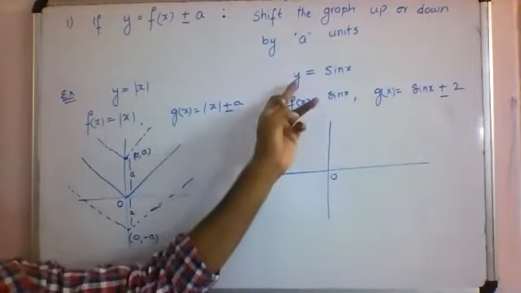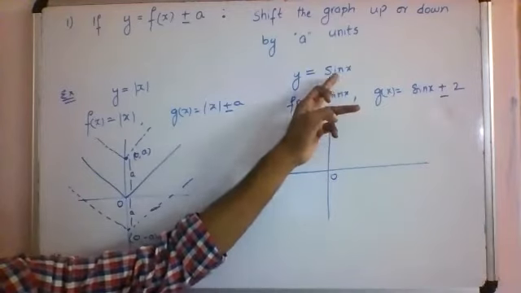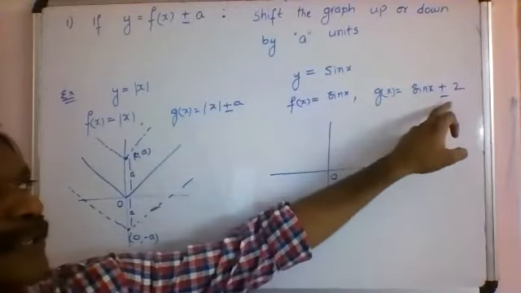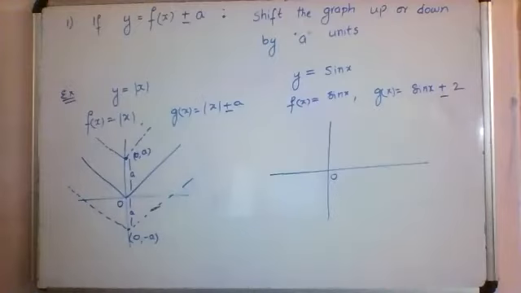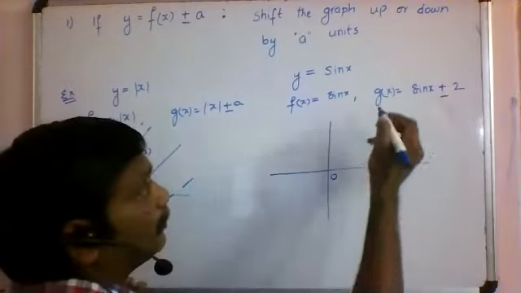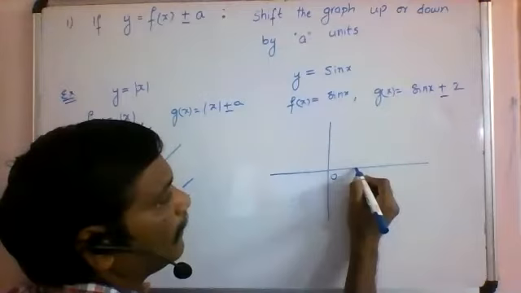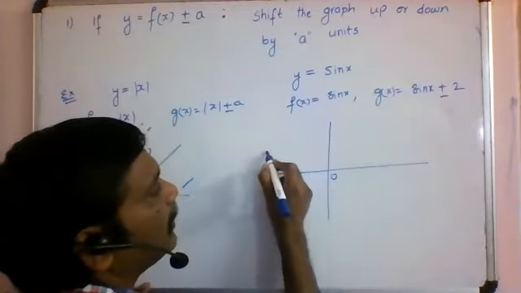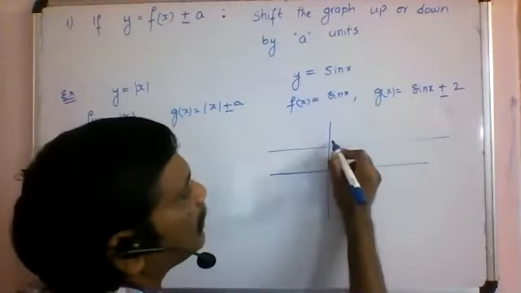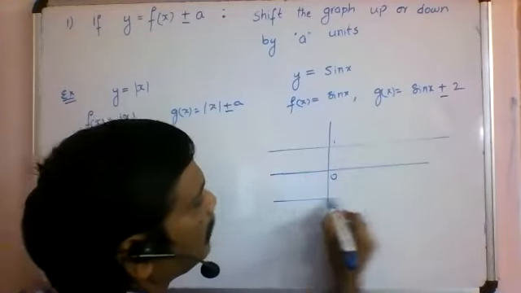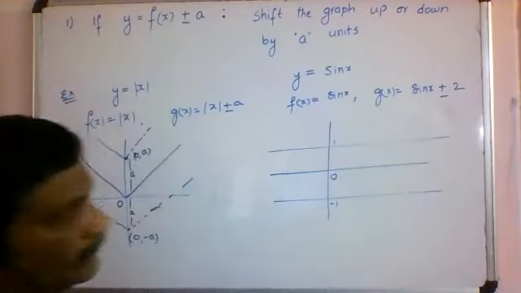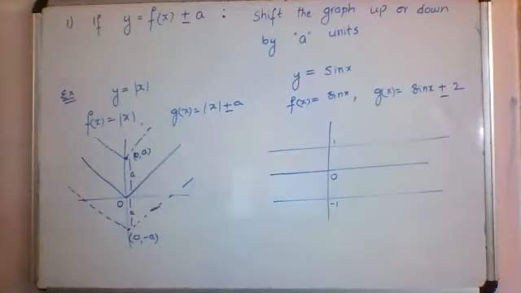Let us see y is equal to sin x, and from that the sin x plus or minus 2 graph. You know how to draw the sin x graph. The maximum value of sin x will be plus 1 and the minimum value will be minus 1.